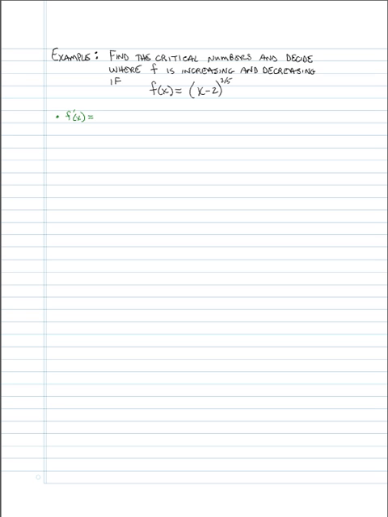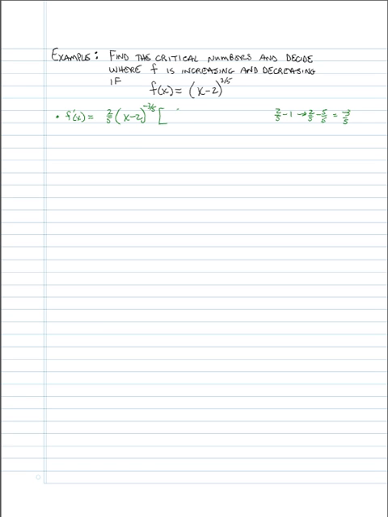So we have to use the general power rule, which says bring the exponent down, put it in front of the parentheses, and decrease the power by 1. So we have to calculate 2/5 minus 1. Of course, that's 2/5 minus 5 over 5, which is negative 3 over 5. So the new exponent is negative 3 over 5.